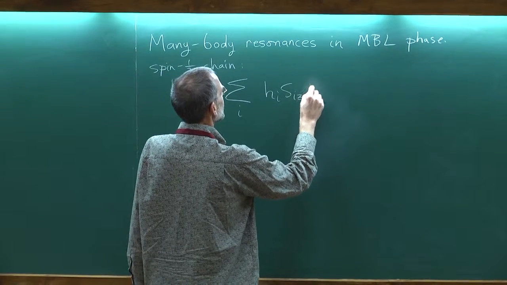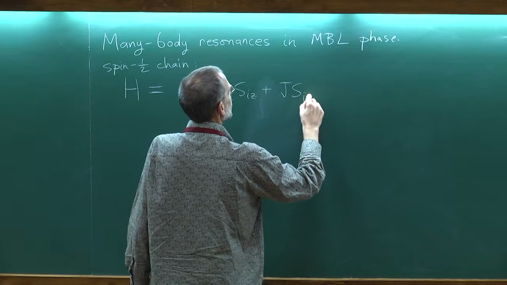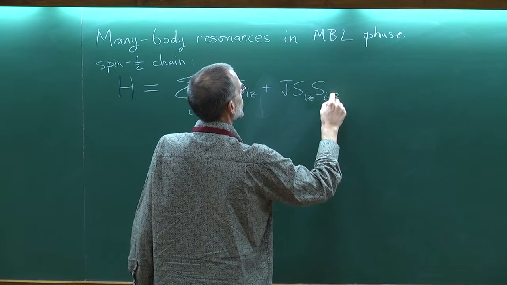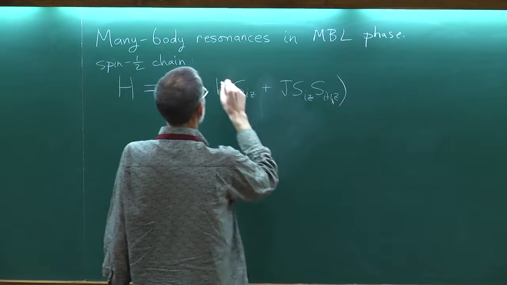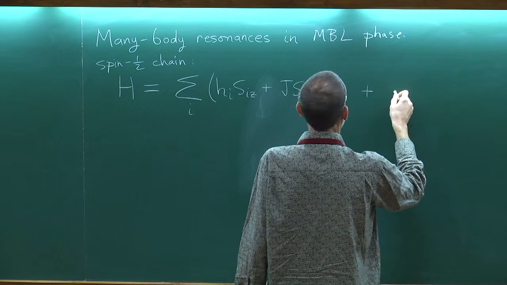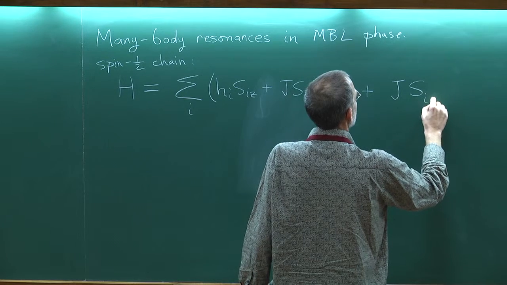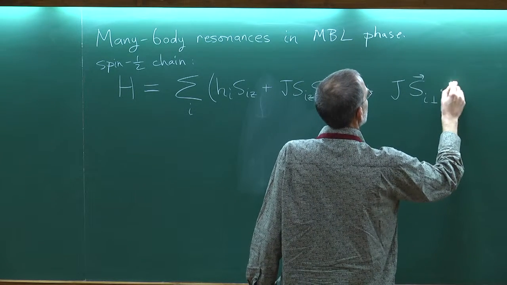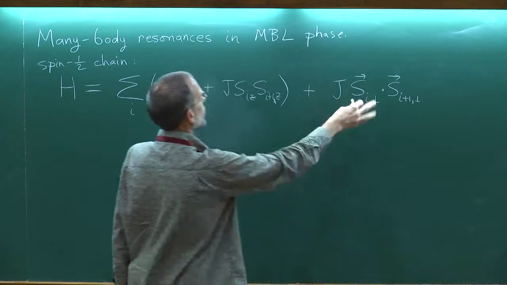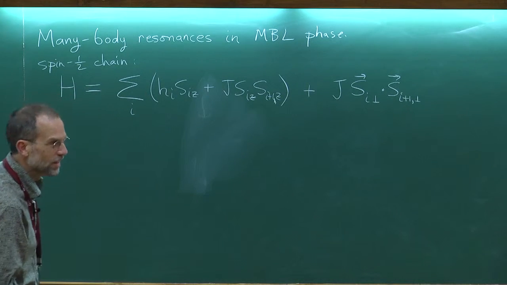So S_i^z plus J S_i^z S_{i+1}^z, and then plus J S_i^perp dot S_{i+1}^perp. Okay, so I've separated off the Z component of the coupling and the off-diagonal component of the coupling, right?